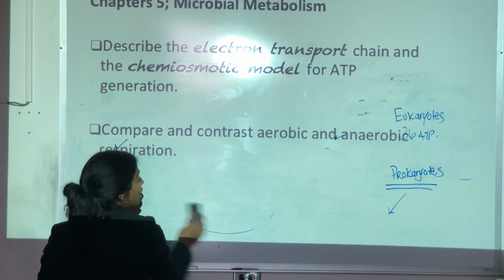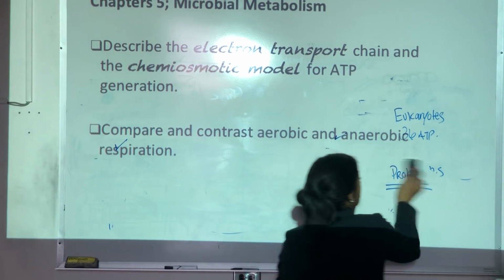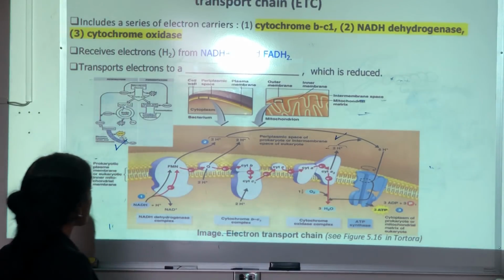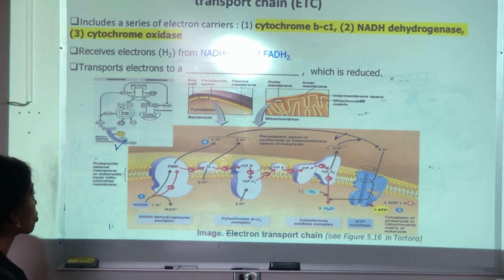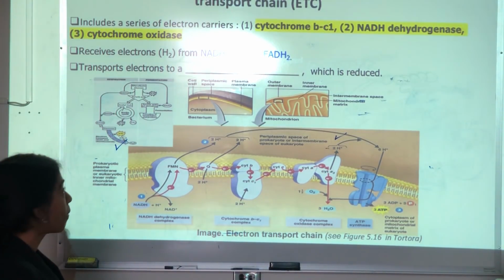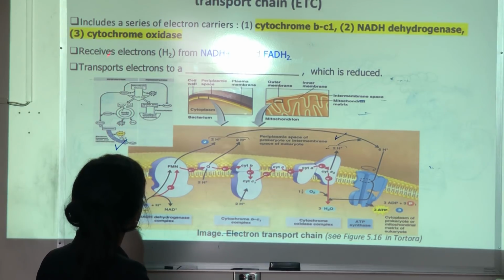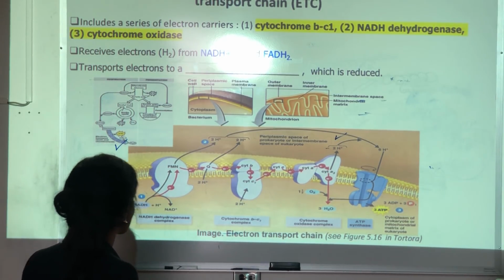The electrons will be guided to the electron transport chain by NAD and FAD. Okay? So for the electron transport chain, you do need to know the major electron carriers in the membrane. So what are they? So we have cytochrome BC1, NADH dehydrogenase, and cytochrome oxidase.